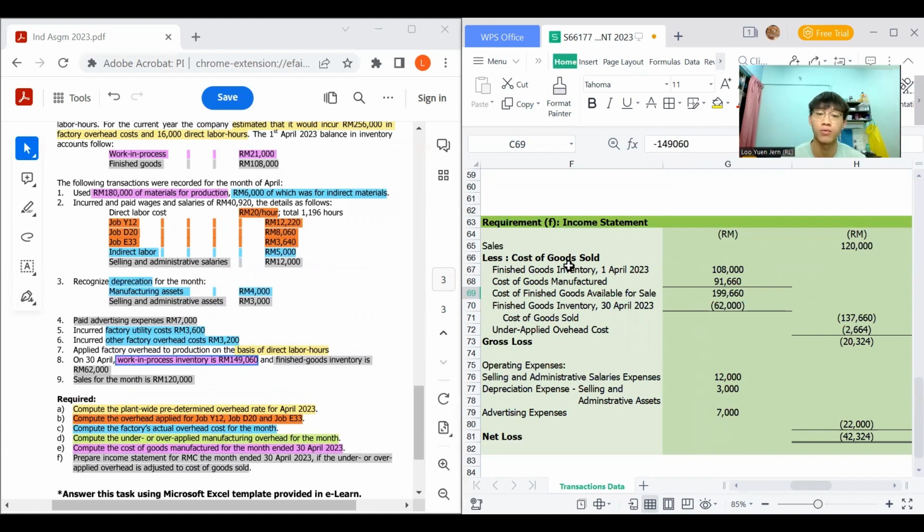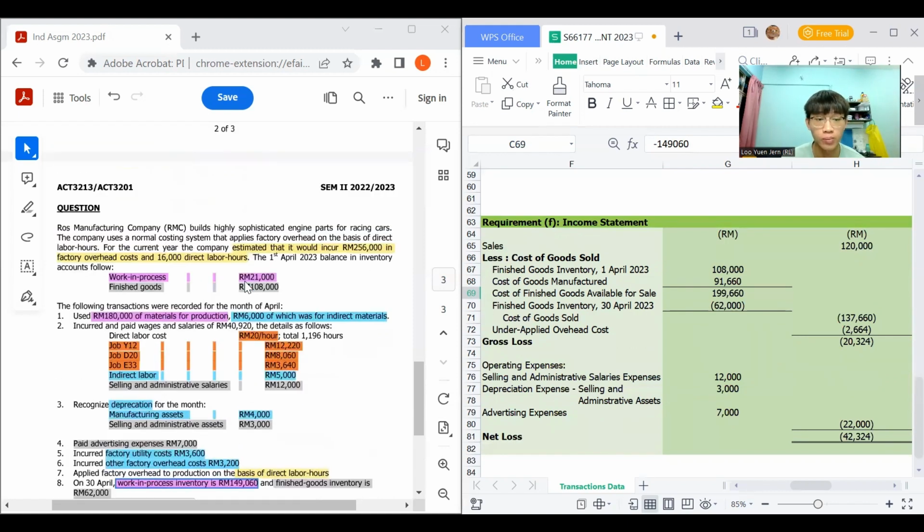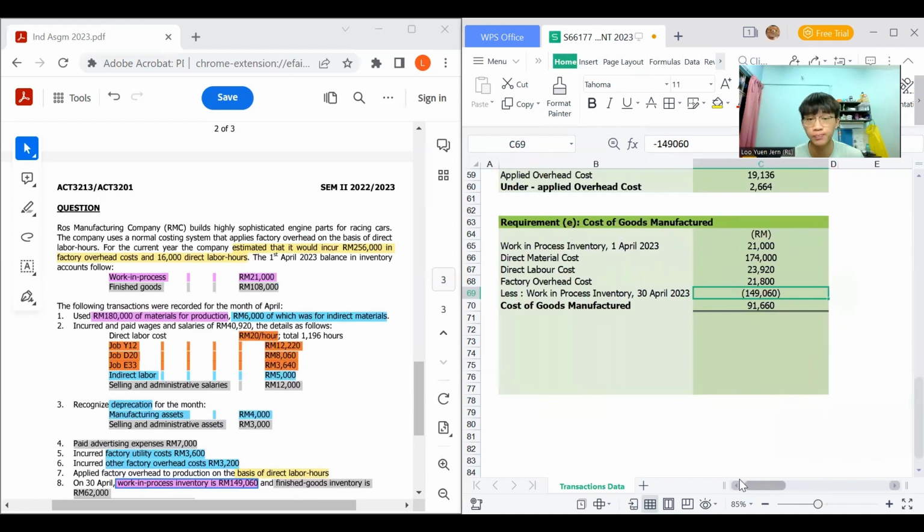And less the cost of goods sold, that includes the finished goods inventory for the beginning, cost of goods manufactured, and finished goods inventory for the ending. So we will see one by one. The finished goods inventory for the beginning is 108,000, and the cost of goods manufactured we can find from answer E.